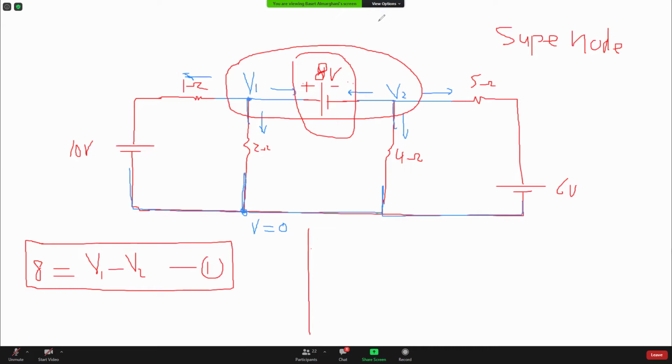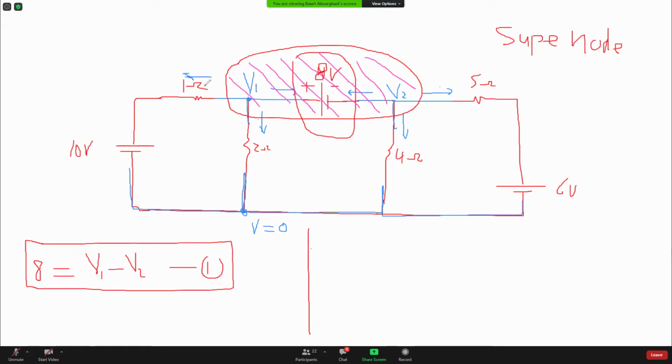Maybe this. So all this will be one node. These two nodes will be one node. And now when it's one node, I'm going to forget about the currents in between, just the leaving currents. I'm going to assume this current is leaving, this is leaving, this is leaving, this is leaving. This is one big node here.